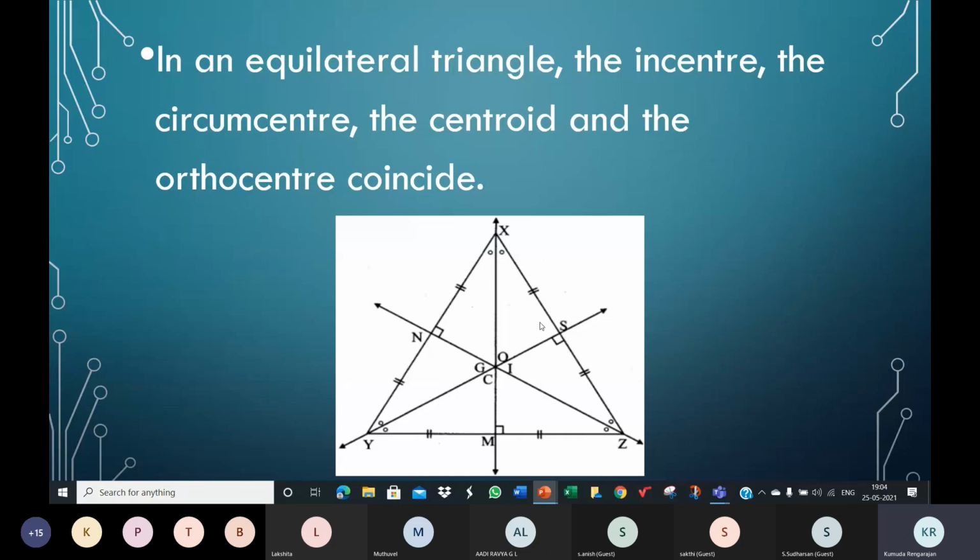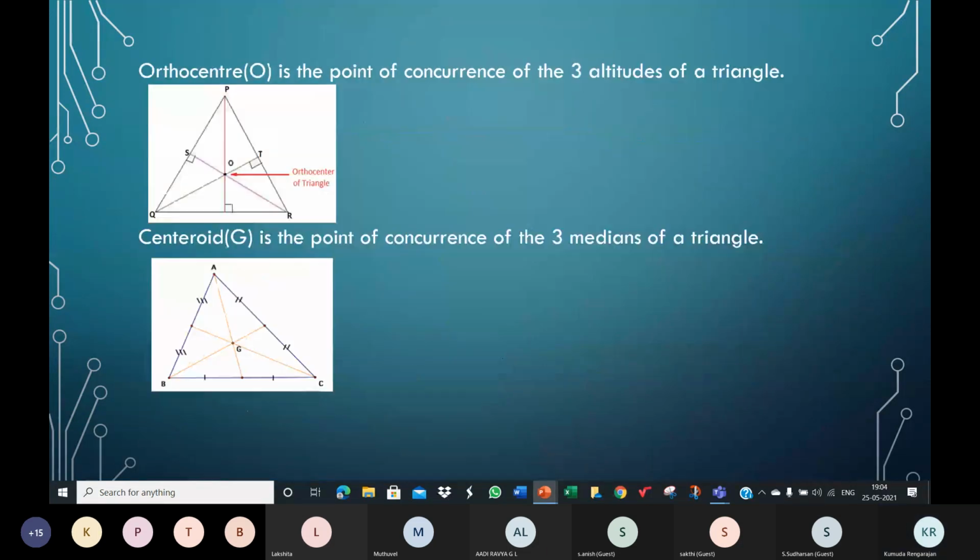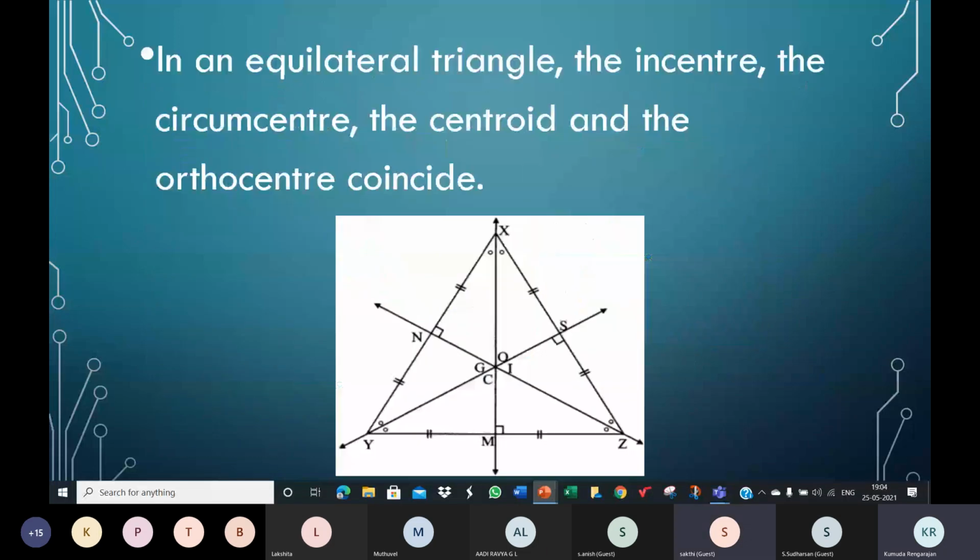It's the centroid G. And what's O? The orthocenter. I'm doing it fast, so I was not able to recall. Yes, orthocenter O. It's an incenter I. It's a centroid G. It's a circumcenter C.